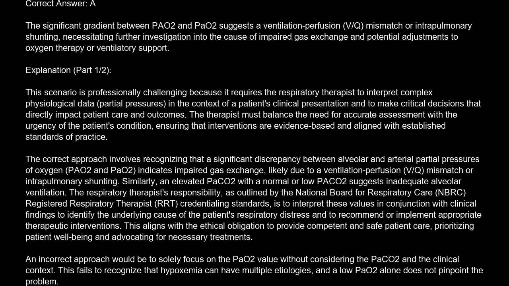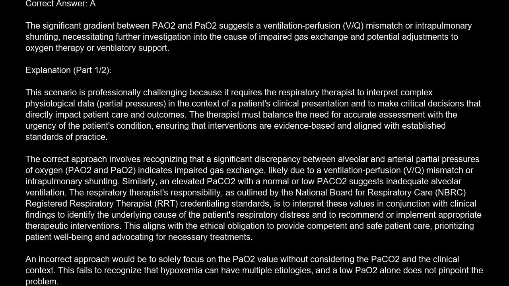The correct approach involves recognizing that a significant discrepancy between alveolar and arterial partial pressures of oxygen, PAO2 and PaO2, indicates impaired gas exchange, likely due to a ventilation perfusion (V/Q) mismatch or intrapulmonary shunting. Similarly, an elevated PaCO2 with a normal or low minute ventilation suggests inadequate alveolar ventilation.